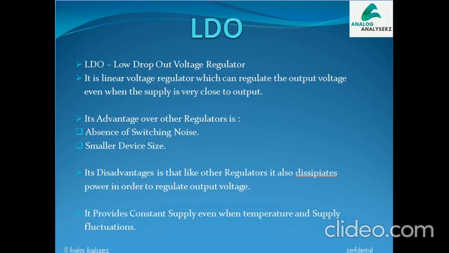Also LDOs are comparatively smaller in size, but the disadvantage associated with LDO is the dissipation of power. For example, if the LDO is giving more voltage output than it is supposed to, it will dissipate that power near the device itself, which is one of its disadvantages.